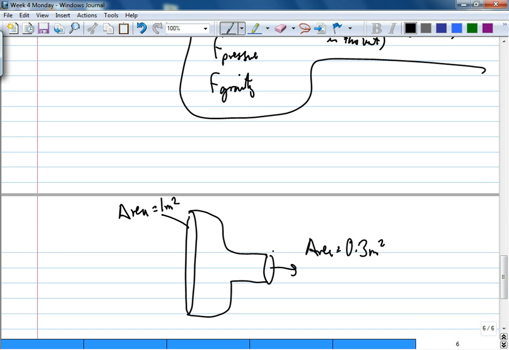Normally we draw the control volume where we know the information, so don't draw all over the place. Make sure you draw it like this, and I draw in blue. We normally draw it at the surfaces where we know the information.